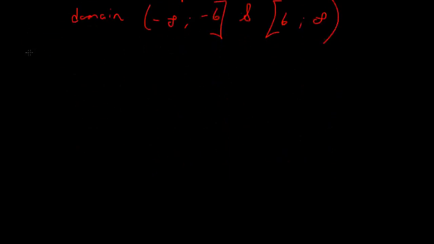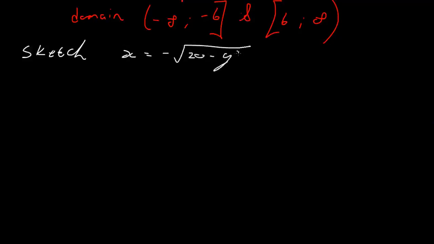Then the next question there, which I don't know what the number is, says sketch x equals minus root 20 minus y squared. This is an inverse function for something, but what I would do is write it in the form of y equals x of some sort, because that's how a function is written.